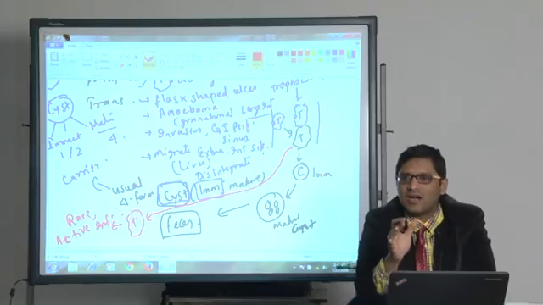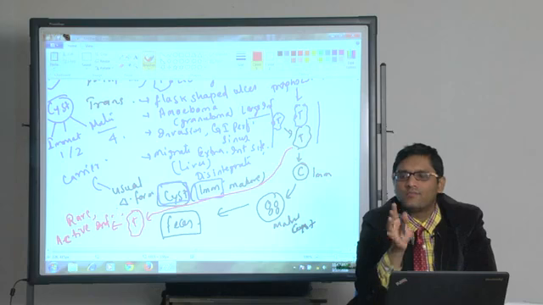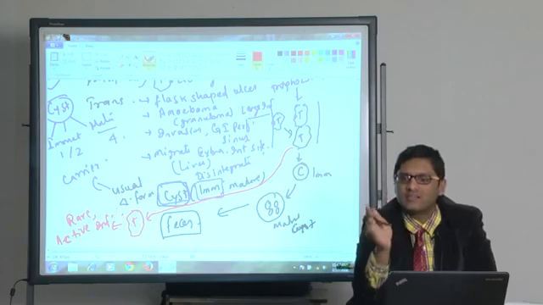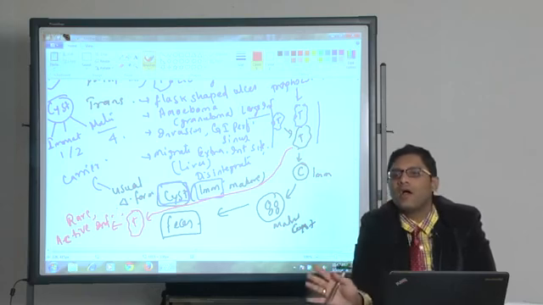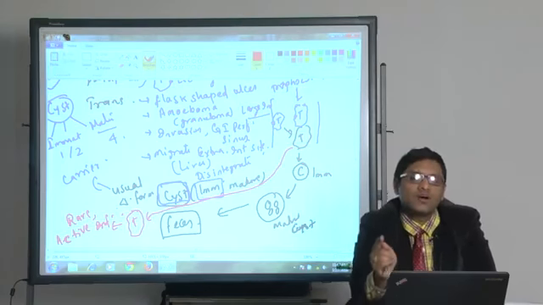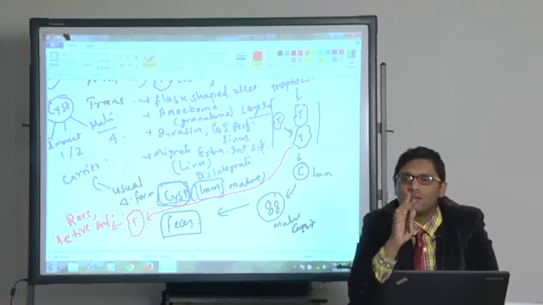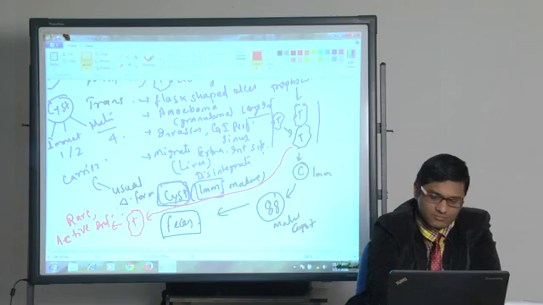Cysts are the routine diagnostic form, but they indicate carrier state. They cannot differentiate active and carrier stage, whereas trophozoites are released once in a while, but if they are present, they confirm the active infection.